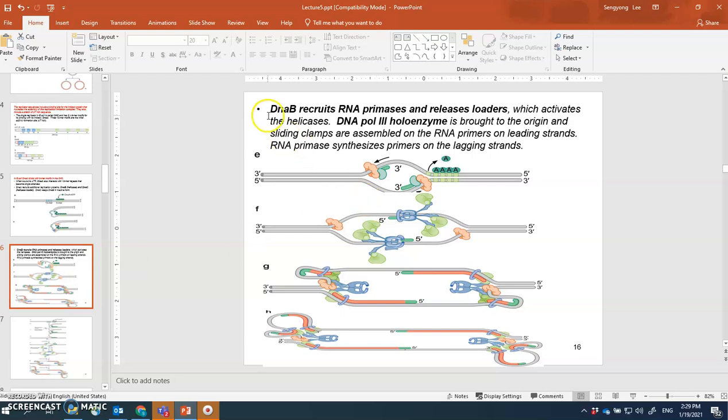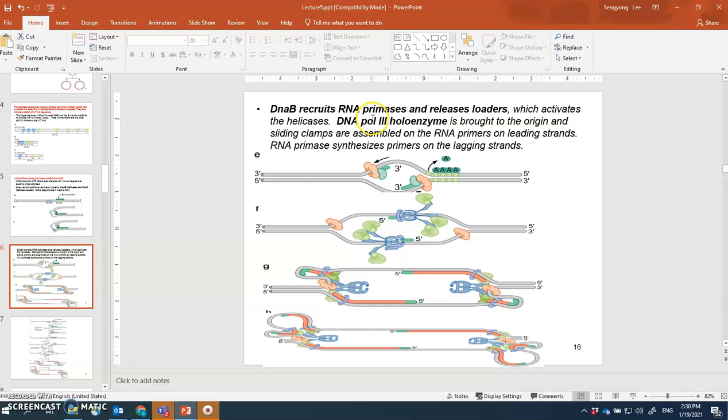Once that's done, DnaB, which is a helicase enzyme, recruits another enzyme called RNA primase. Remember, DNA polymerase cannot start its synthesis unless a primer made out of RNA is made available, and that primer is made by this RNA primase enzyme.